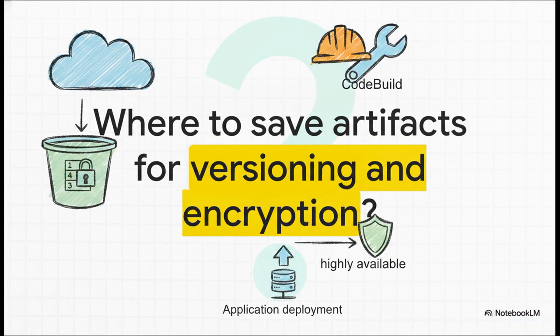Question 2. Where should you save an AWS Code Build artifact to ensure it has proper versioning and encryption? We just covered this one. The answer is Amazon S3.